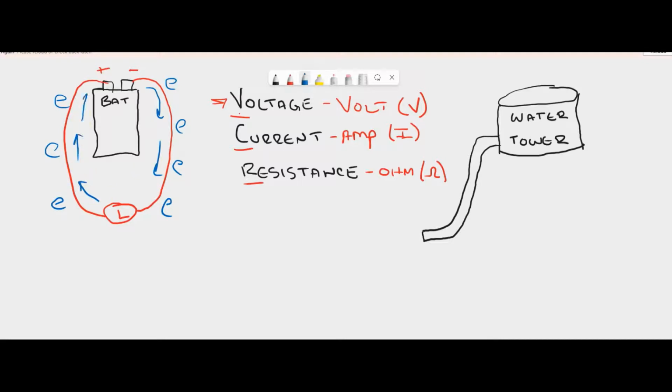And by that current going through this light, we're able to light the light, and it goes on. So our voltage is the potential of the battery, pushes the current, or the electrons, through the wire. They go through the light. That turns on. But you always have to have a path back to positive.